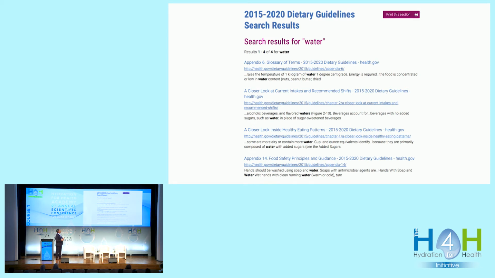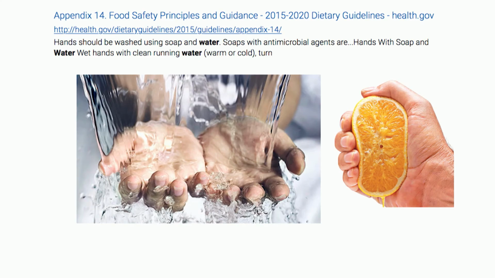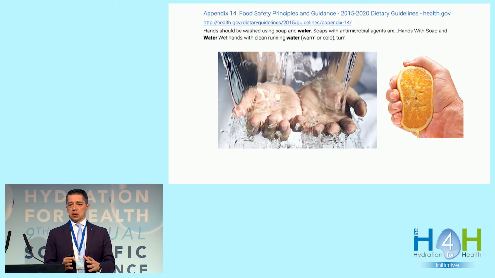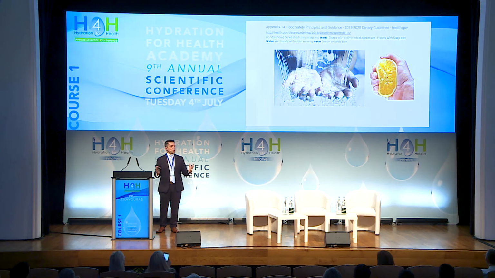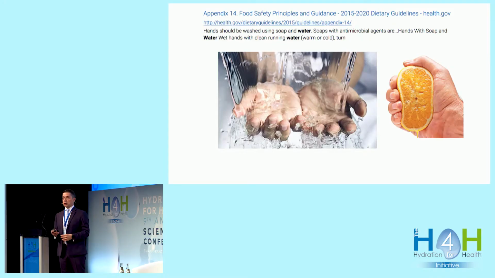And the fourth was about washing hands with clean running water. Those are the dietary guidelines for water in America these days. We don't have a strong attention for water. We don't really talk about water other than replacing sugary drinks with water.